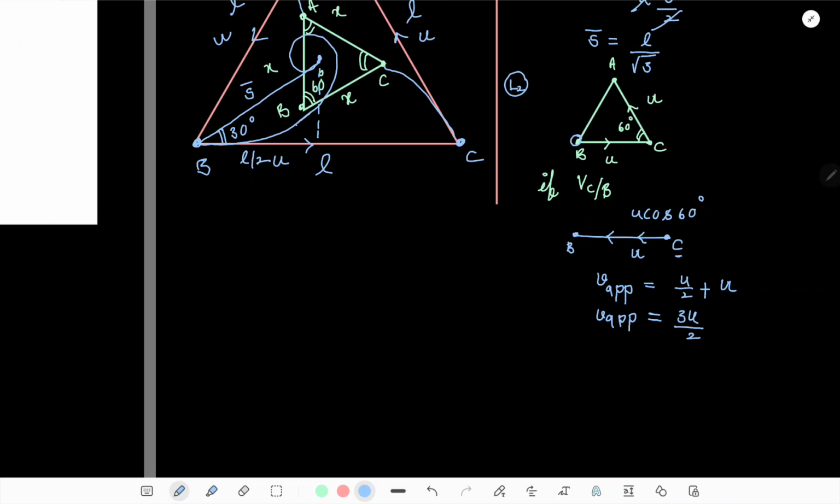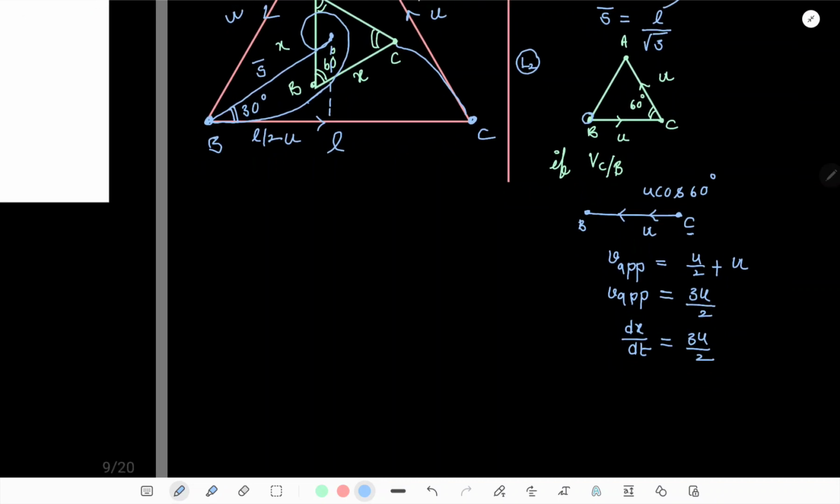And velocity of approach can be written as dx by dt, because of this approach the position between B and C will change at 3u by 2. So if I do the integration, integral of dx will be equal to integral of 3u by 2 into dt.